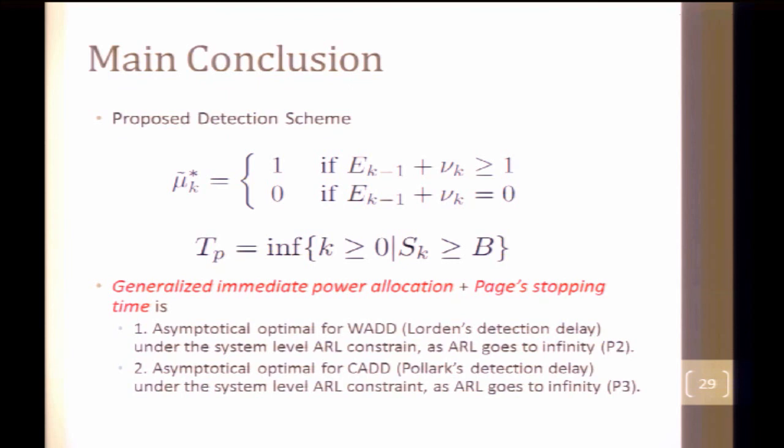But anyway, the key here, what we were able to show, really depends on the size of the battery. If you allow the battery size to go to infinity, then the scheme is not asymptotically optimal. So our proof really depends on the assumption that C is finite. Then we let the average run length between false alarms go to infinity, and that's how we get those kinds of drops.